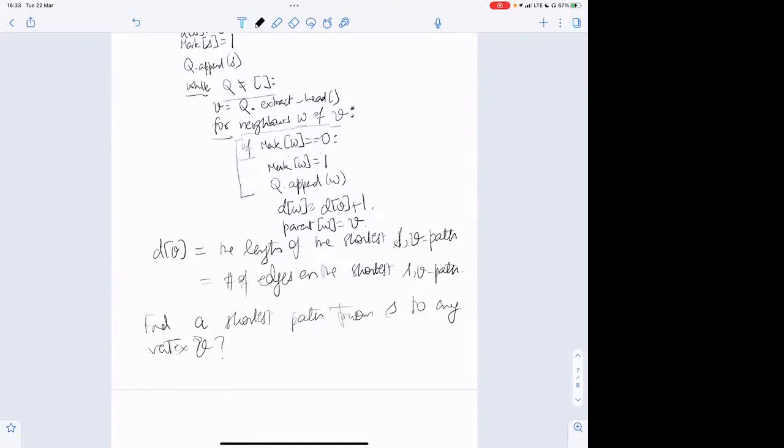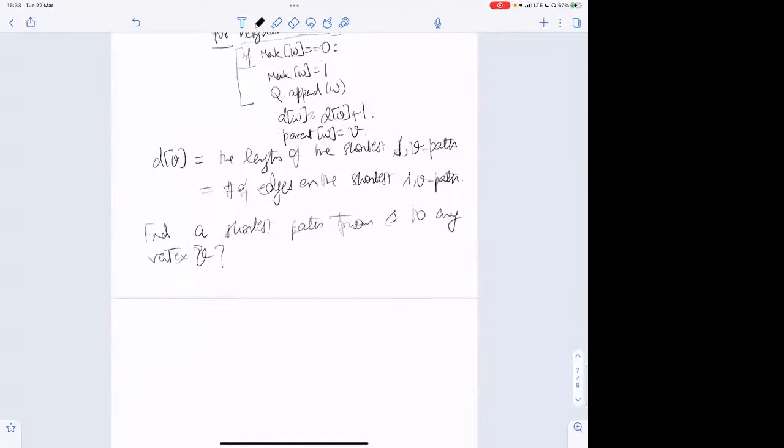So now by tracing these pointers back, you can get the shortest path from V to S and therefore from S to V. So what is the shortest path? That will just be parent of V, comma parent of parent of V, and so on till you reach S. Correct?